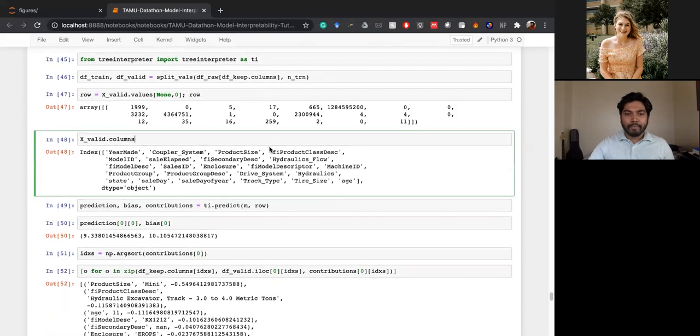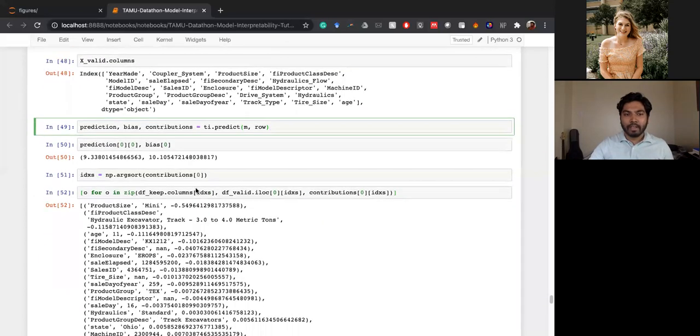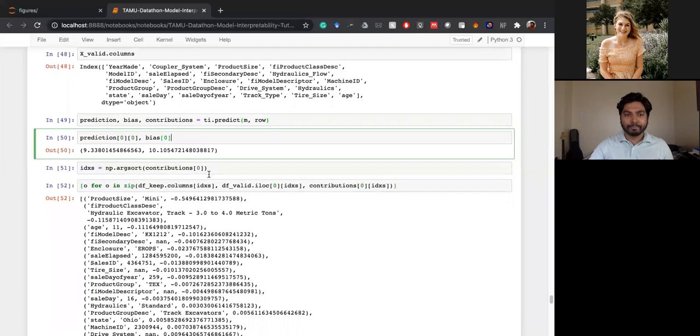And now we calculate the three values that I mentioned: the prediction, the bias, and the contributions. We can see that our prediction for this particular row was 9.33, while the bias was 10.10.